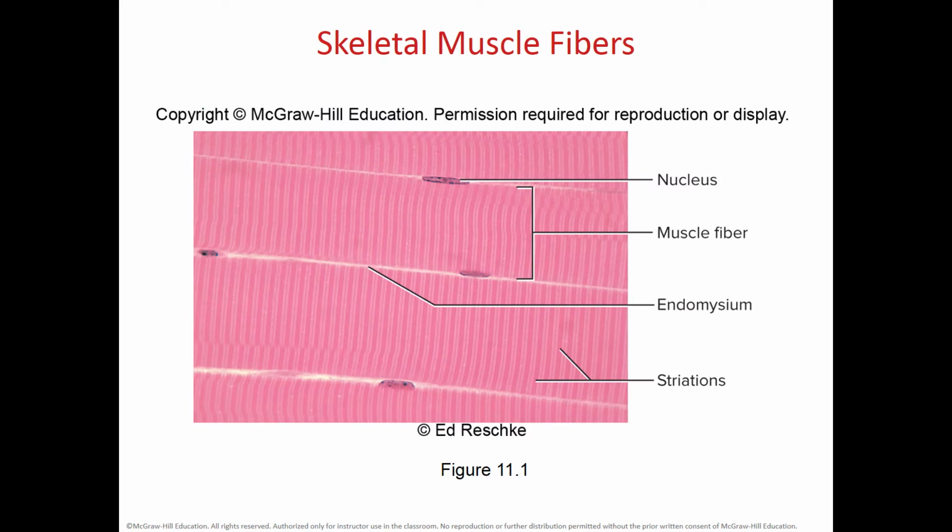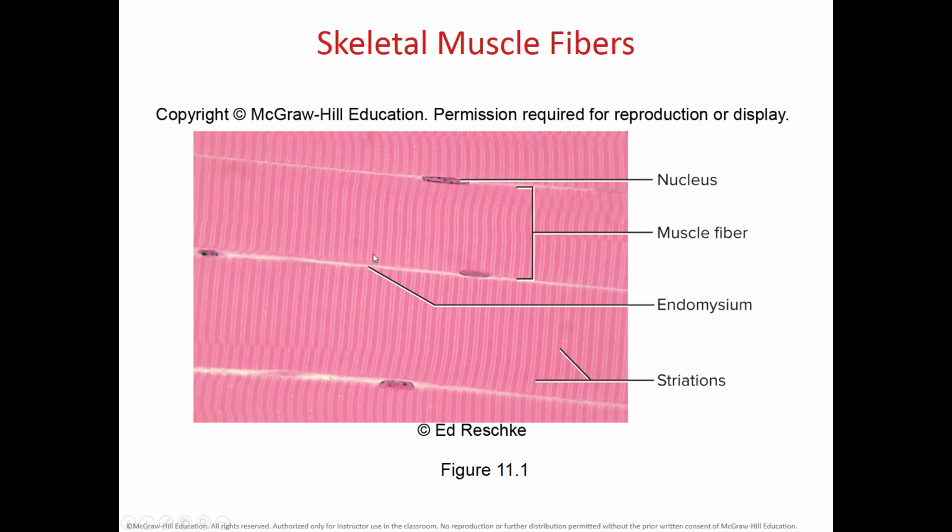So this is a microscopic view of the skeletal muscle fibers. Each of these fibers that you can see here is an individual cell. And as I said before, these skeletal muscle fibers have alternating bands that create a pattern, and these bands run along the short axis of the fiber, which is this.